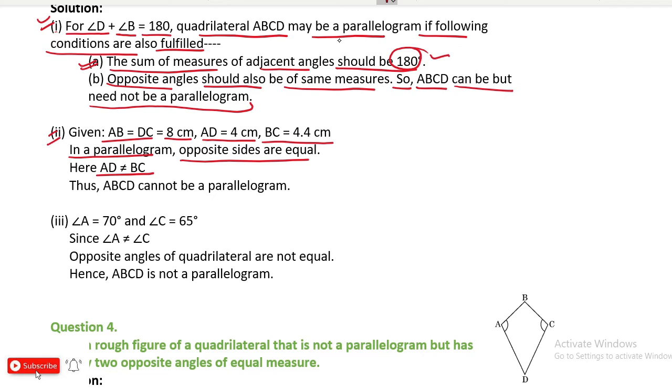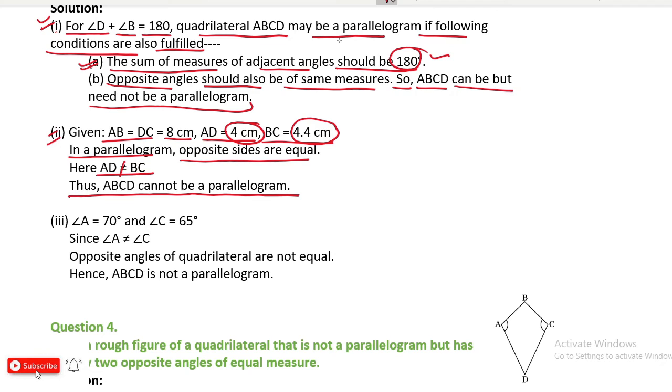Why? Because the measurement of AD is 4 centimeter and the measurement of BC is 4.4 centimeter. That means these are not equal to each other. Thus ABCD cannot be a parallelogram, because opposite sides are not equal here.